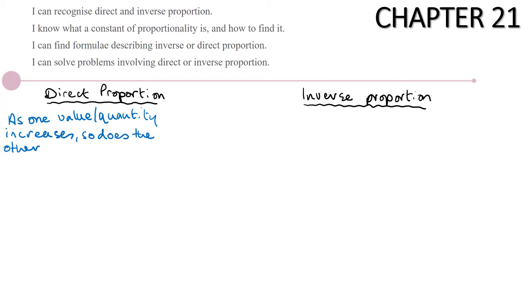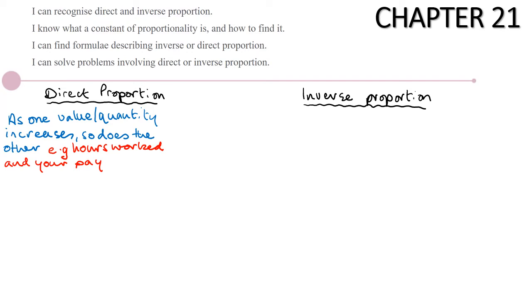For example, hours worked and your pay: as the number of hours you work increases, so does your pay. That would be an example of something that's in direct proportion.